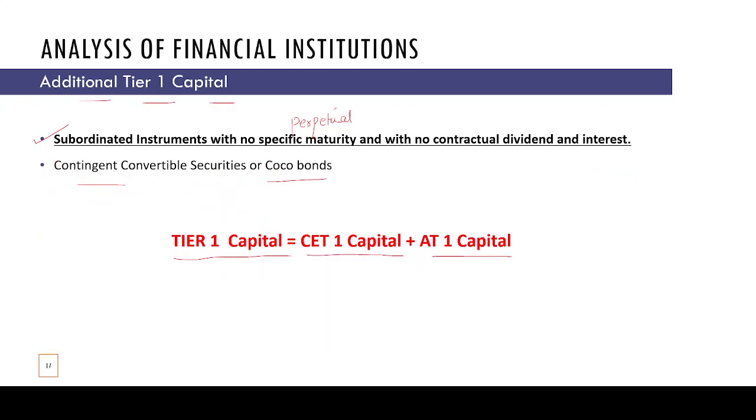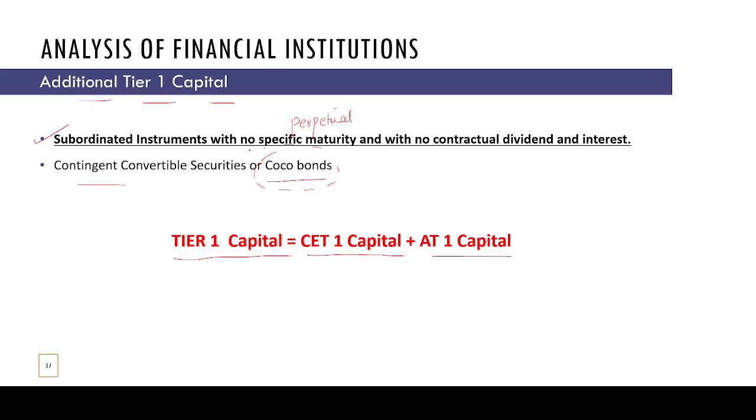Okay, guys, now we were discussing these COCO bonds. We were saying that if the bank's CET1 or Tier 1 capital goes below the regulatory norms, then the COCO bonds would be automatically converted into equity to increase the equity capital of the bank. But this is not what happened in the most recent past.